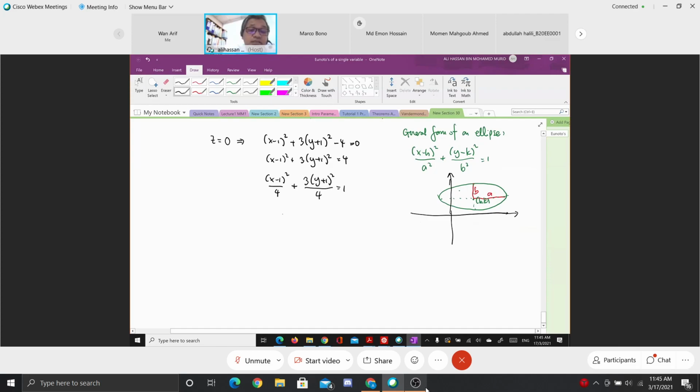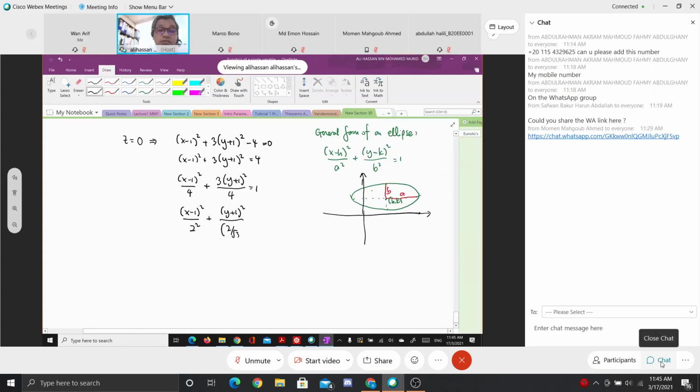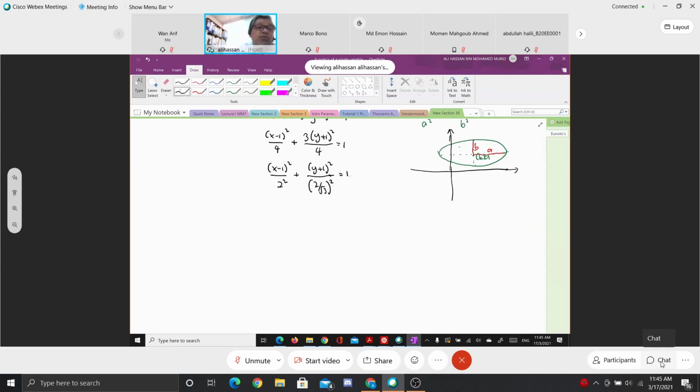So this is x minus 1 squared over 2 squared plus y plus 1 squared over (2 over square root 3) squared equal to 1, right? So now we have rewritten this equation in the standard form. a equal to 2 and b equal to 2 over square root 3. And the center is at (1, minus 1).